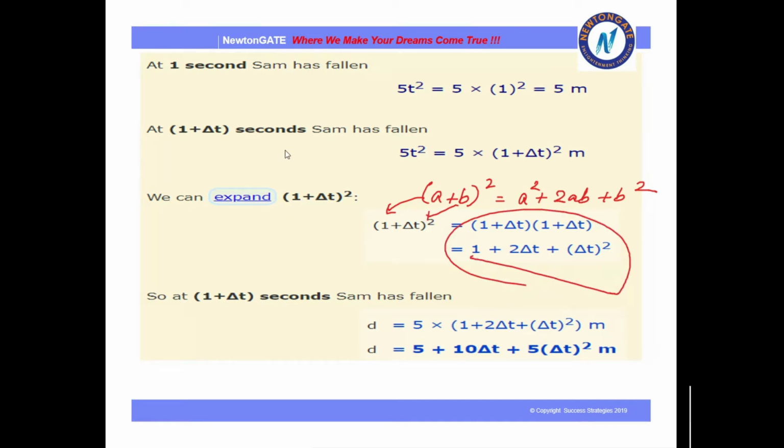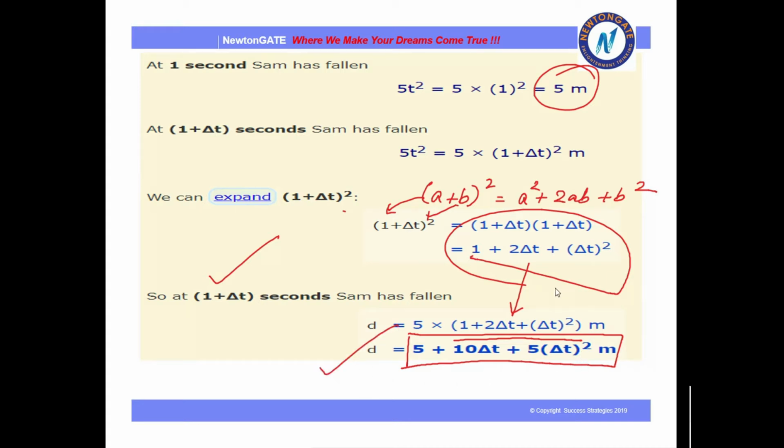This was how much distance he has fallen at 1 plus delta t. So we put the expansion over here and then multiply. If we go back and see, at exactly 1 second he had fallen 5 meters, and at 1 plus delta t he had fallen this many meters.